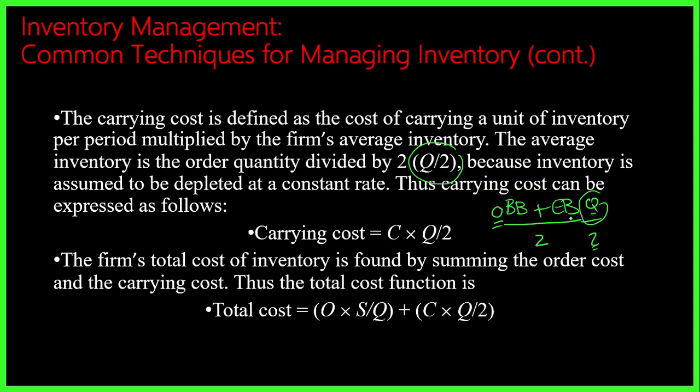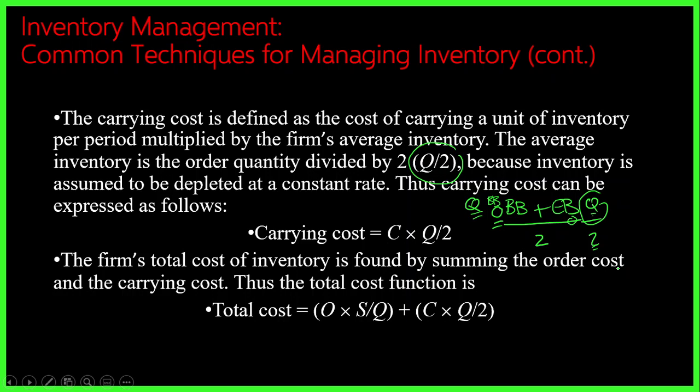Some will say the ending inventory should be 0 because the beginning will be your purchase. Pwede rin naman, still, if this one is 0, okay, and this is your purchase quantity, you still end up with Q divided by 2, okay, as your average inventory in the absence of your safety stock. Yan.